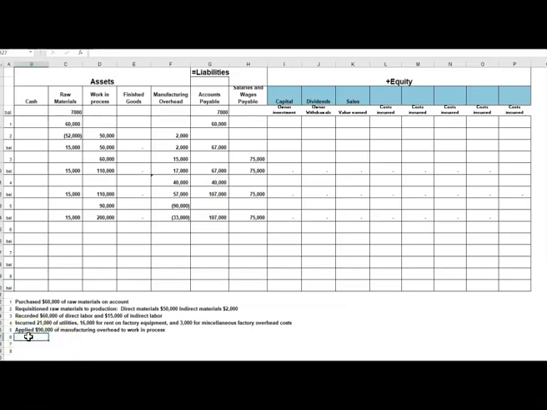All right, number 6 would be something like incurred $30,000 in selling and administrative salary costs. And if it doesn't say, we'll assume that that was on account. So we're going to make our expense, which we'll call it right here, salary expense. It's an equity account.